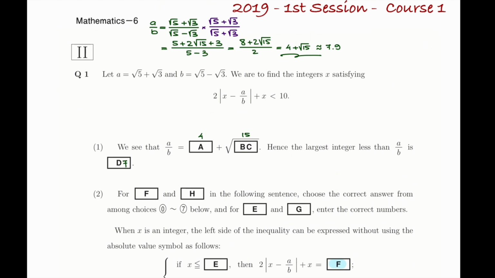The concept of absolute value: if I have absolute x minus a, it's going to be equal to x minus a if x is greater than a, or it's going to be negative of x minus a if x is less than a.